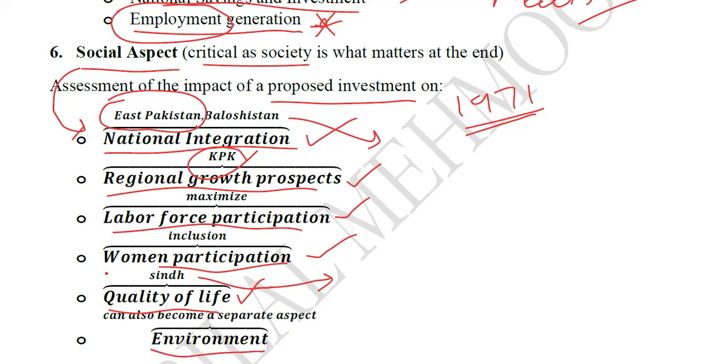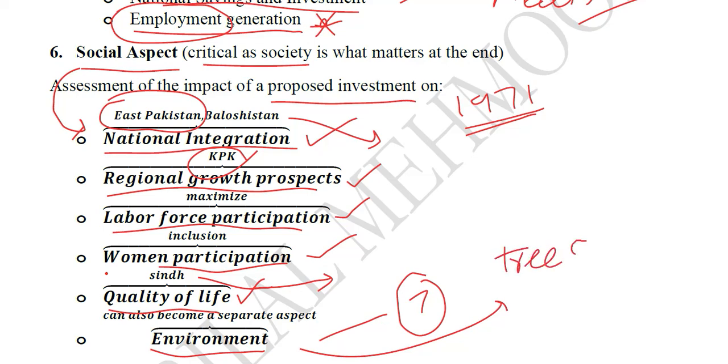Environment is another thing which is sometimes considered as another separate aspect, can be the seventh aspect, but here we have merged it into the social aspect, because after all, society is what faces all the benefits or the cost. So project should also be considered from the environmental side. For example, if the trees are being cut due to a project, this is an environmental damage.